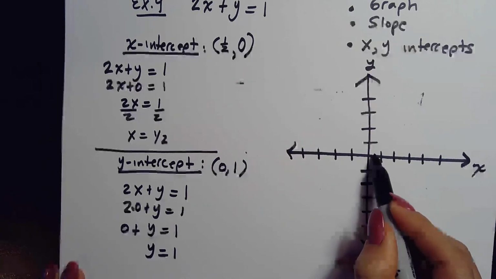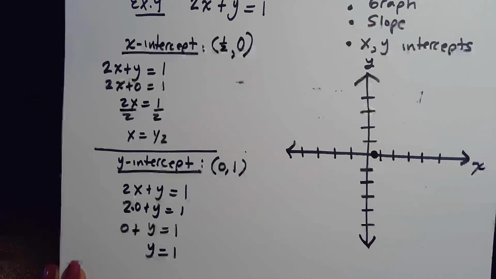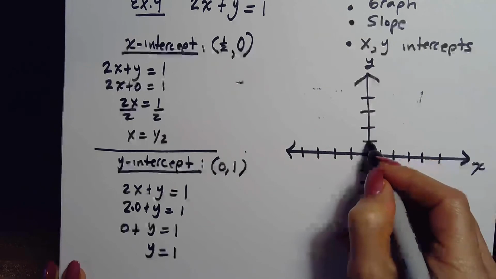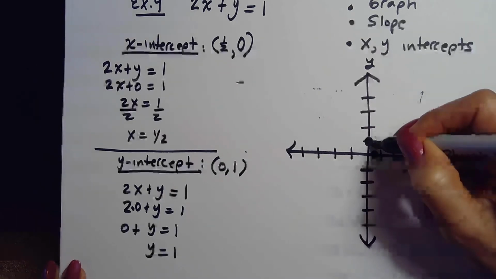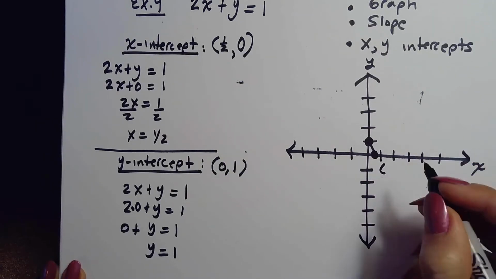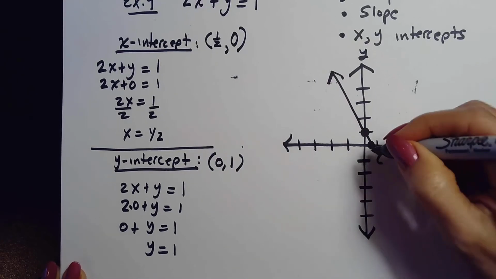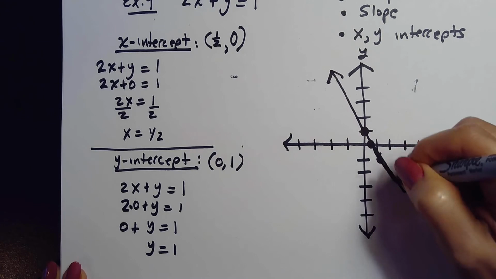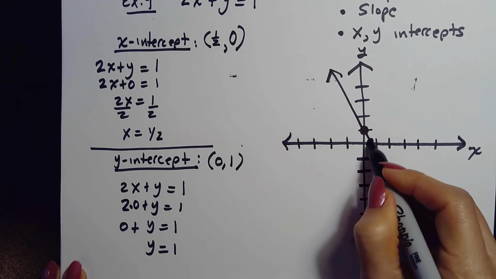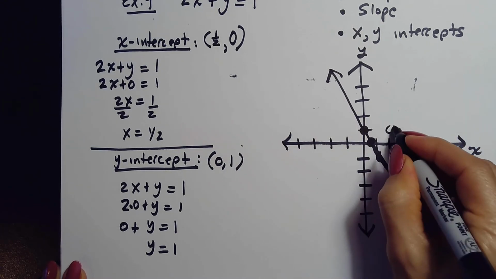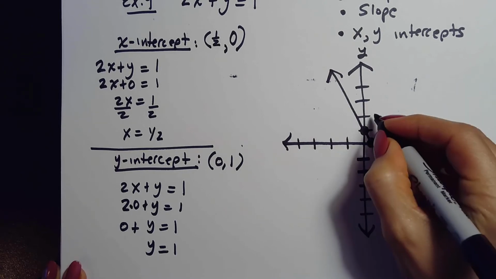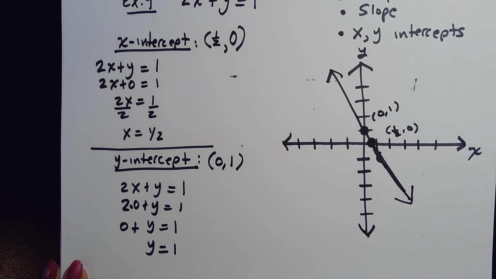So you have a point right there, and then 0 comma 1 up here. So we connect these 2 points. Remember that when you connect them, you can extend the line segment, and that gives you the graph of the line. So you have the points 1/2 comma 0 and 0 comma 1.